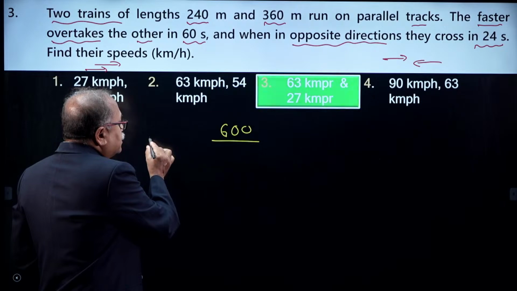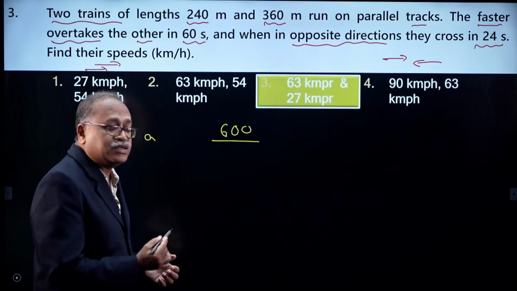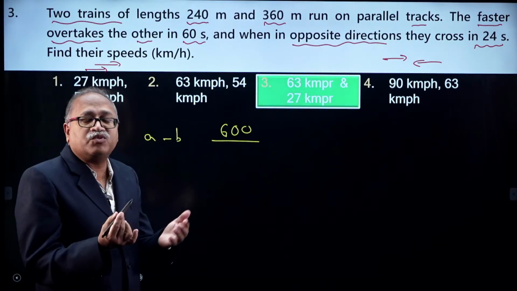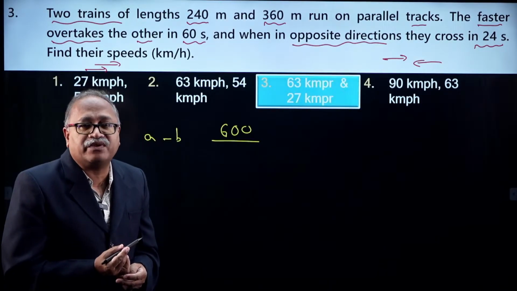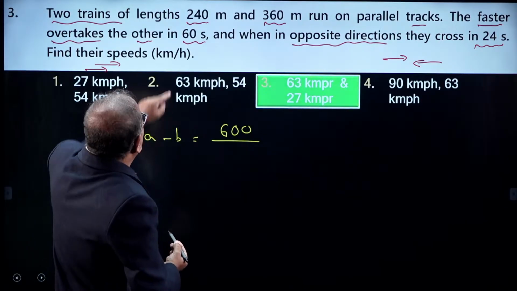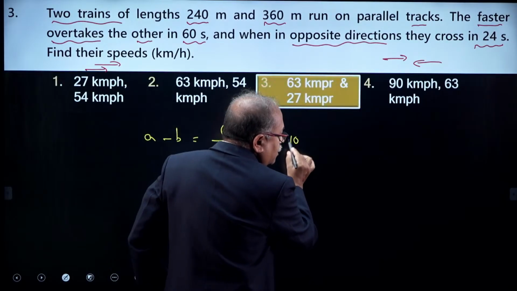So, let us take the faster train speed as A, and the slower train speed as B. When they are moving in the same direction, relative speed will be A minus B, which is equal to 600 divided by 60, and that comes to 10.